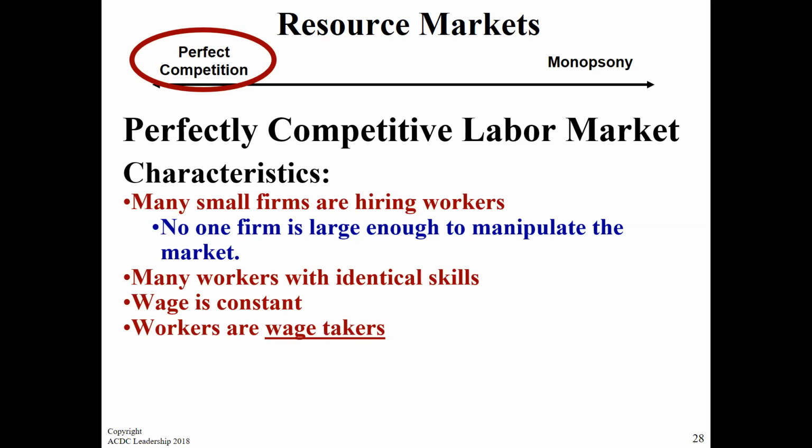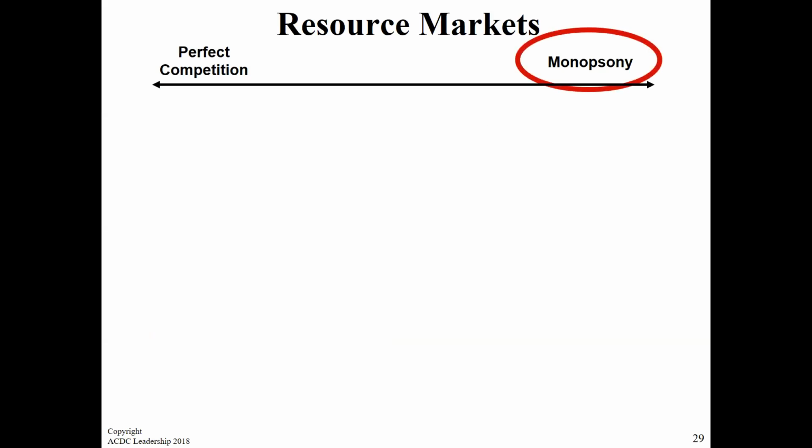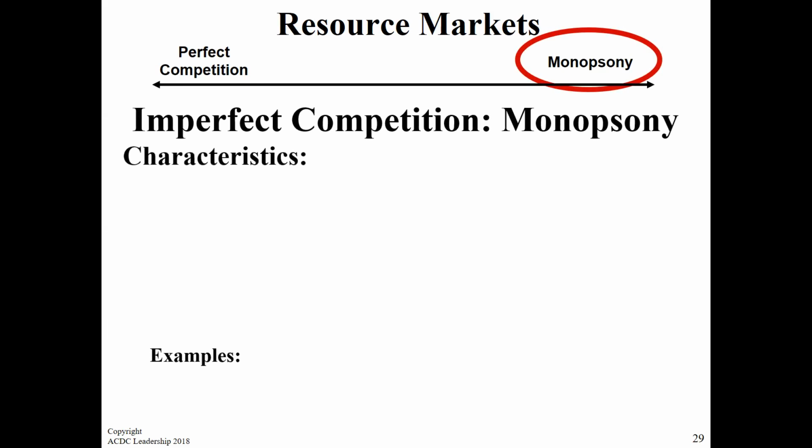Yeah. All right, workers are wage takers. Now we're going to the monopsony. One firm hiring workers, like the hospital, like Walmart.